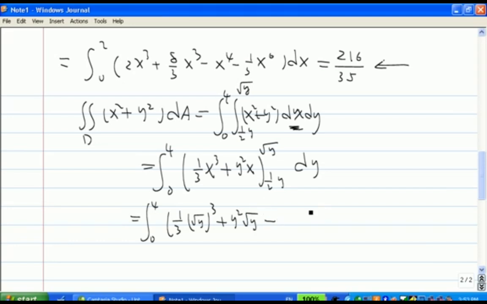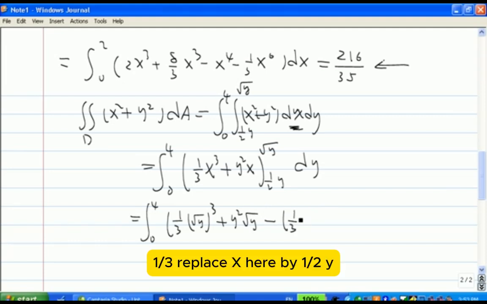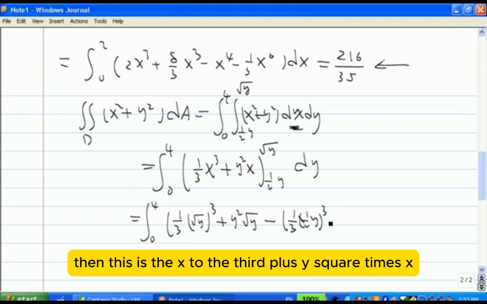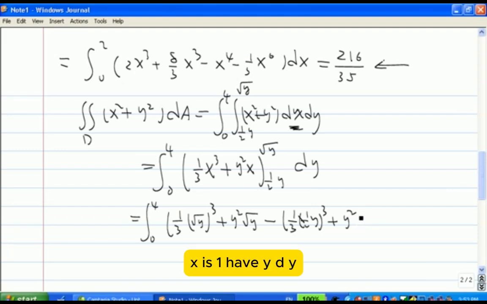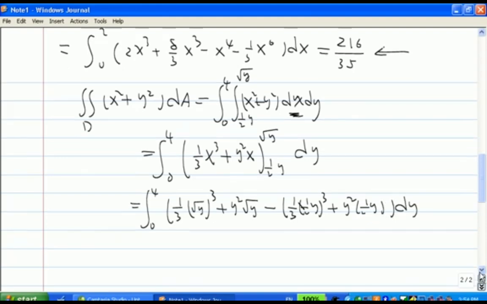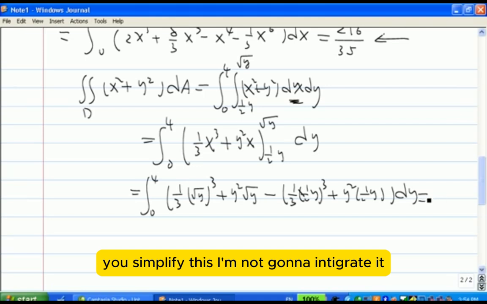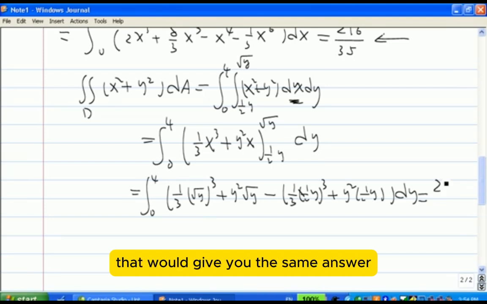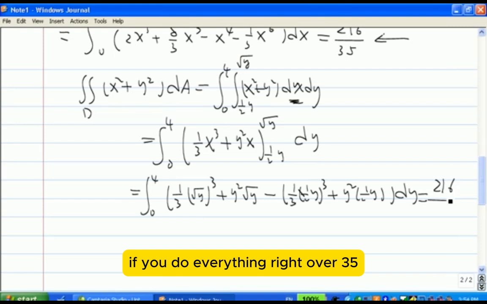Then subtract 1/3, replacing x by 1/2 y, so 1/2 y to the third, plus y squared times x, where x is 1/2 y, dy. You simplify this. I'm not going to integrate it. This is a polynomial. If you integrate it and do everything right, it will give you the same answer, 216 over 35.